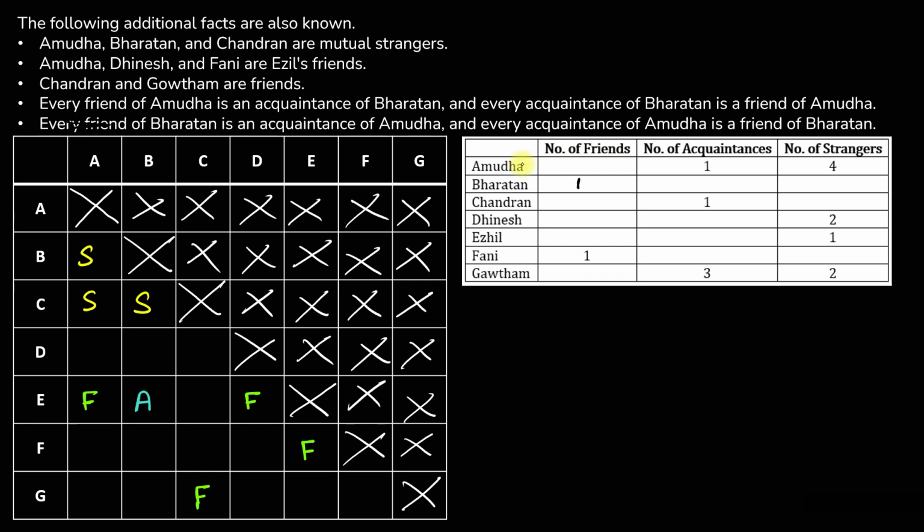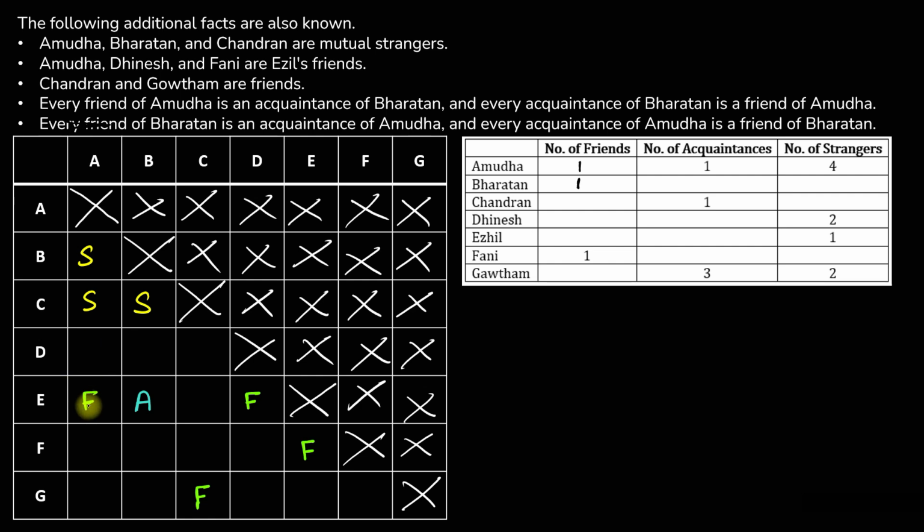Fine. And also if you look at A, how many relationships will there be? 1, 2, 3, 4, 5, 6. So A will have 6. There are 6 other people, so A will have a total of 6 relationships, out of which 4 and 1 are strangers and acquaintances. So we have 5. So the remaining 1 relationship will be that of a friend, whoever it is.